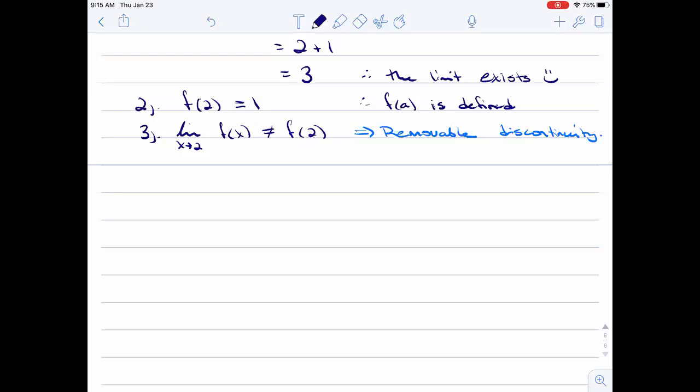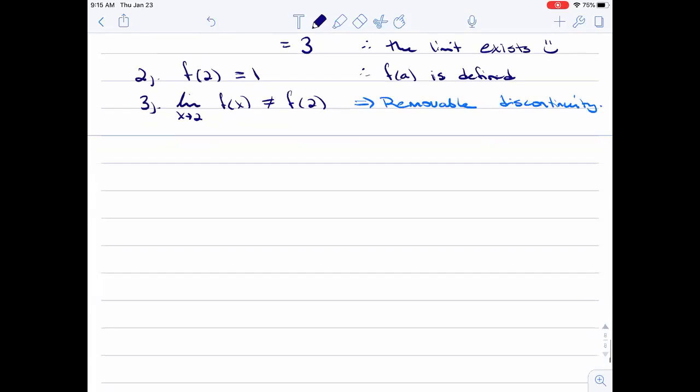Just like we started with overall limits, and then we went to left-hand limits, right-hand limits, and then they have to be equal to each other, limits can be continuous from just one side. Everything can be hunky-dory coming from the left, for example, but then everything else is kind of weird. So limits can be continuous from one side.